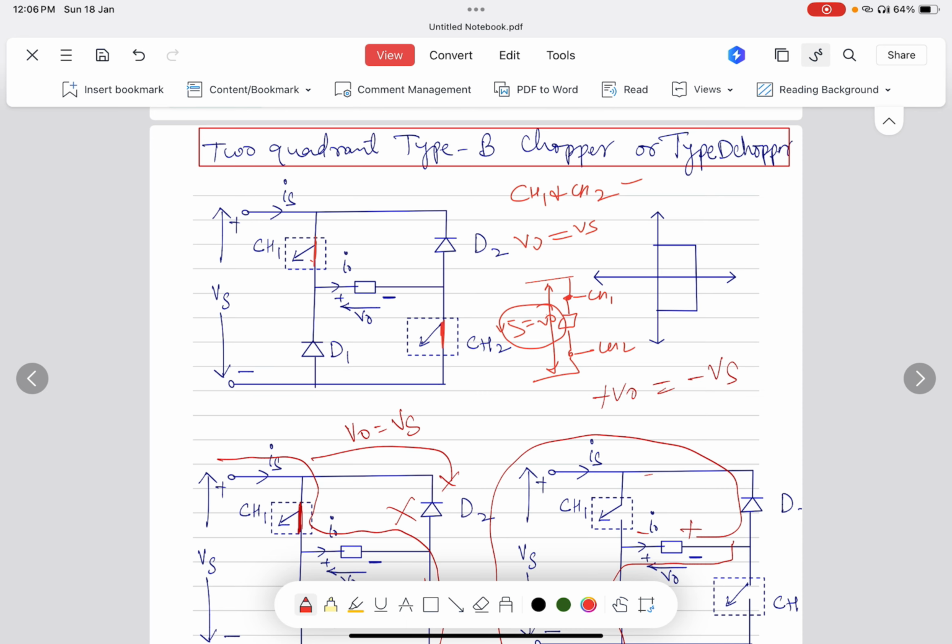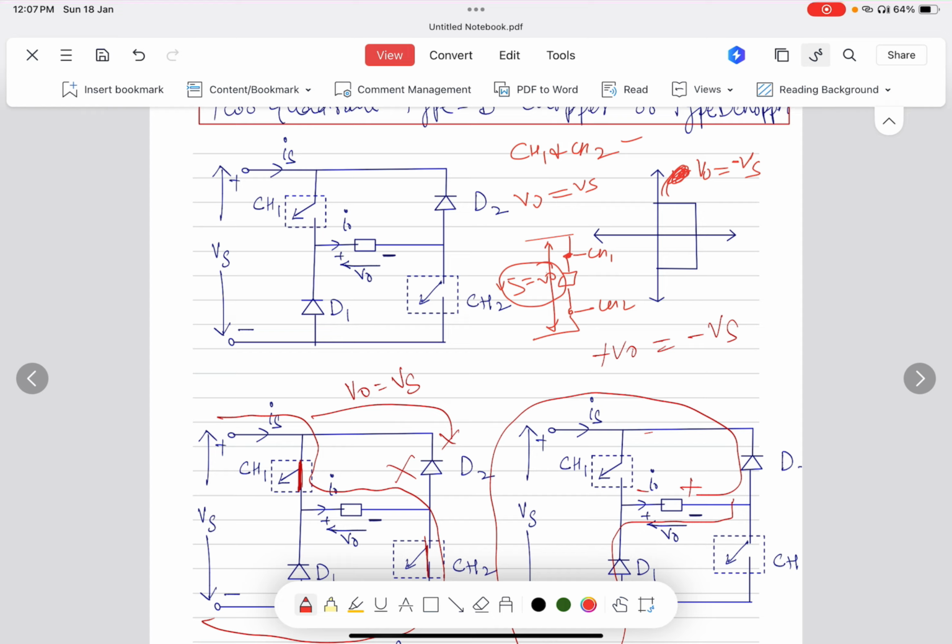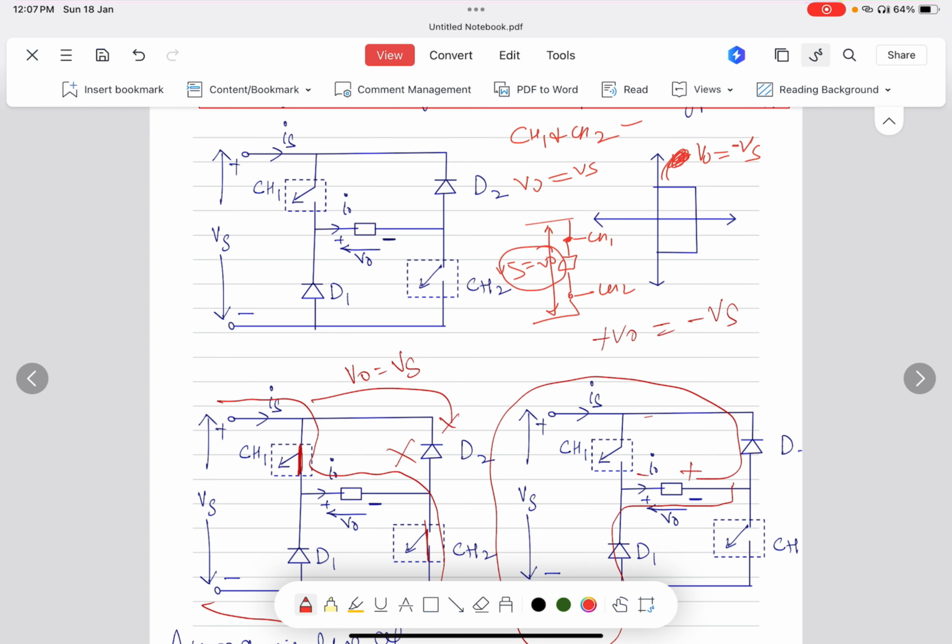When both of these are off, then we get V output equal to minus the supply voltage. So you get this answer. Now let us look at how the circuit works.